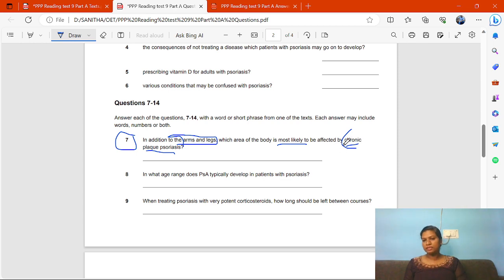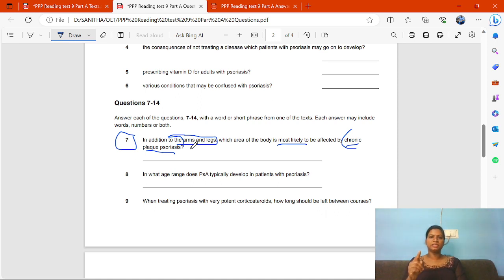It's a common word. You have to find these keywords in the passage, where you will get this information: chronic plaque psoriasis, arms and legs.